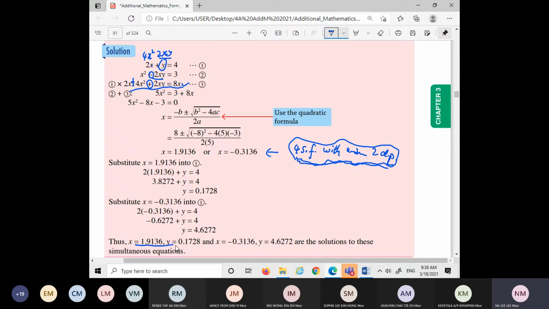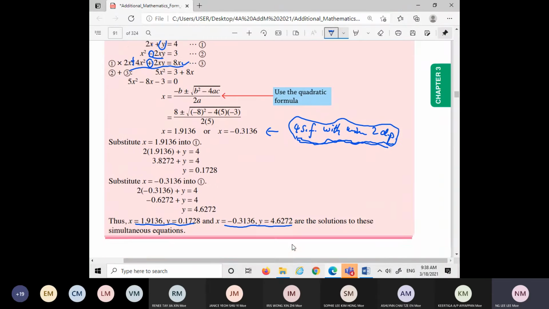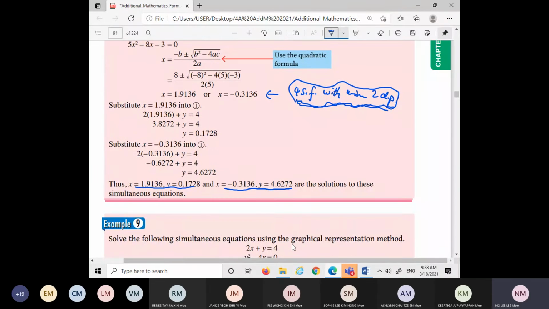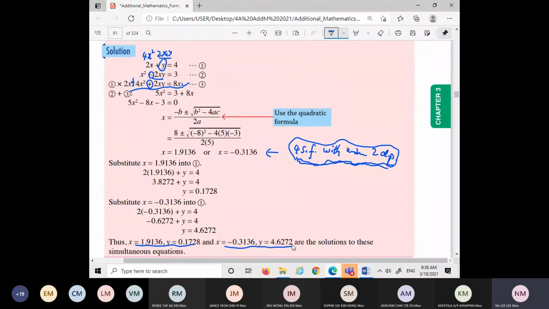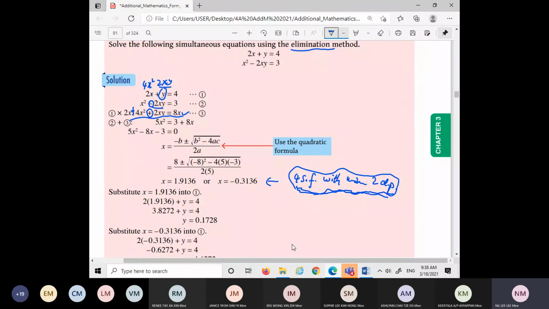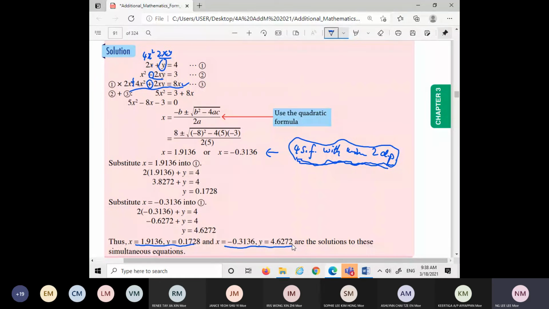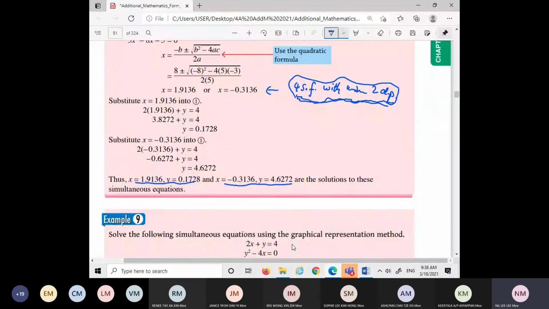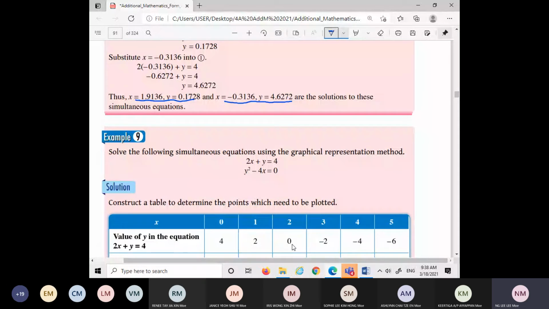Again, you have 2 pairs of answers. Simple. This is what I say, elimination methods are not that easy to see, because sometimes you have to design it a little bit, how you can eliminate one of the variables.